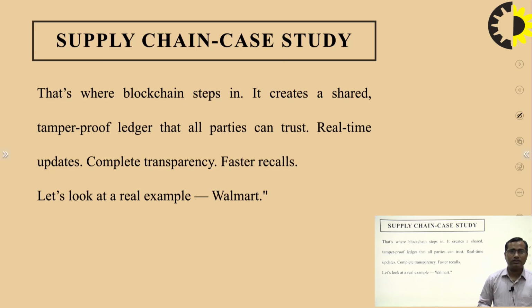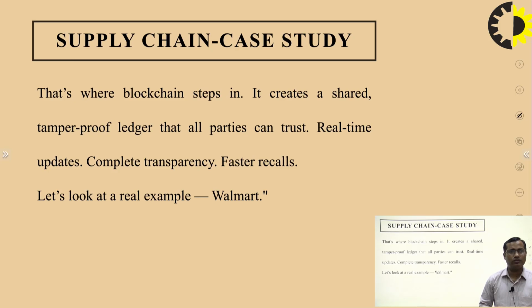Blockchain creates a shared and tamper-proof ledger that all parties can trust, and all stakeholders can get real-time updates of the information. Because in the earlier systems, if any stakeholder wanted to update their information, what would be the possible solution?